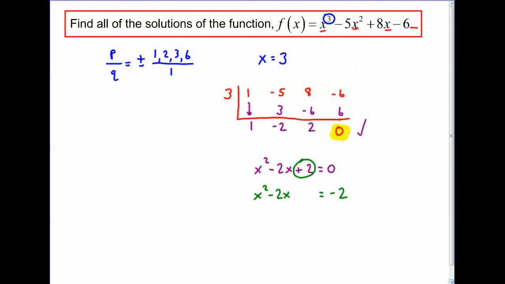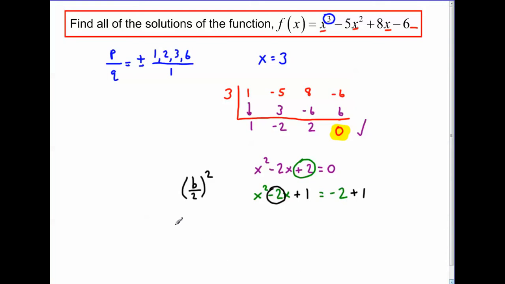Now, to complete the square, remember, I take half of b, which is the middle term, and I square it. So in this case, half of -2 is -1. -1 squared is +1. But I have to keep my equation balanced, so I have to add 1 on the right side immediately.